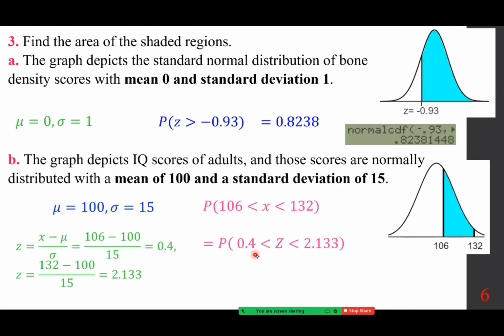And at this point, you use a calculator, you use a z-table. Either way, you come up with the answer, which is close to 0.3280. Again, either one will do the job.